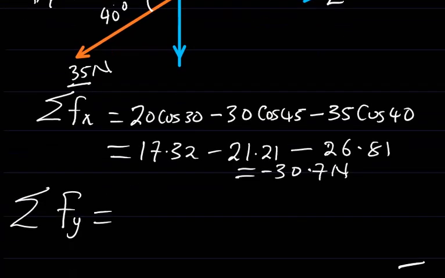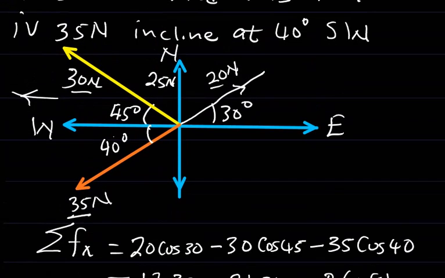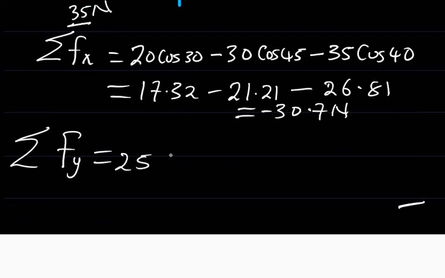Upward, I have 25 Newton. Then, if I resolve 30 Newton upward, that's going to give me plus 30 sine 45.